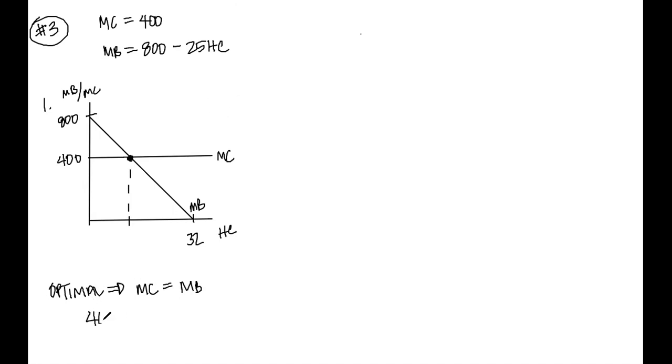So 400 equals 800 minus 25 HC, just solving equations. Then we can subtract 400 from each side to get 400 on the right, and then add 25 HC to get 25 HC on the left. And then dividing each side by 25, we see the optimal level of human capital is going to be 16.